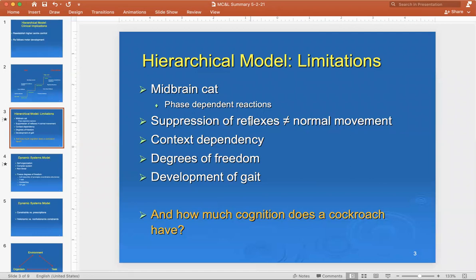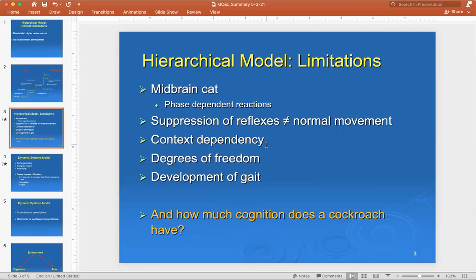That doesn't happen, unfortunately. This notion of context dependency means that if you believe motor programs are stored within the brain in terms of muscle commands, you can make a movement, throwing a ball or whatever, from a multitude of places in the environment. You can have multiple different initial conditions. It depends on the context how that motor program is going to work.